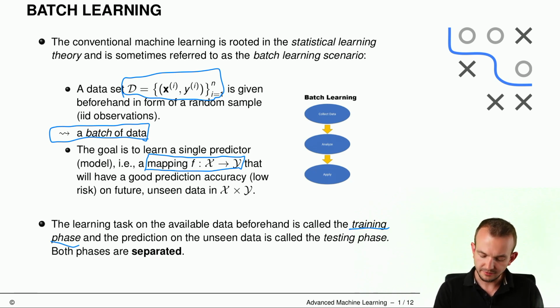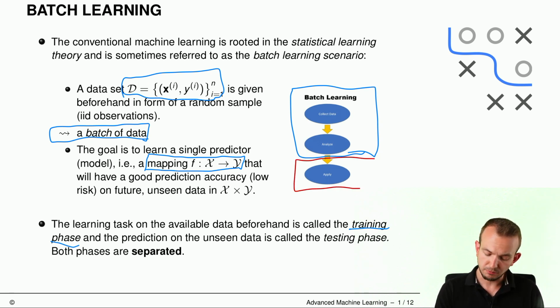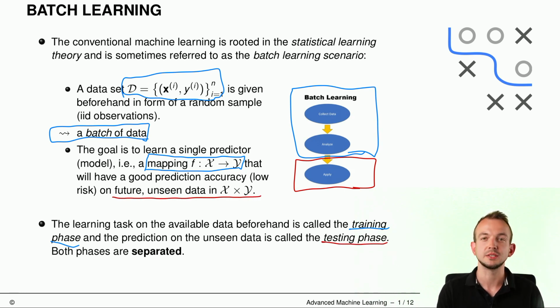And once we have found in this phase a suitable mapping, a suitable model, perhaps by empirical risk minimization, we apply it on unseen data in the testing phase. So we test it for our application purposes. But here, one important aspect is both these phases are separated.